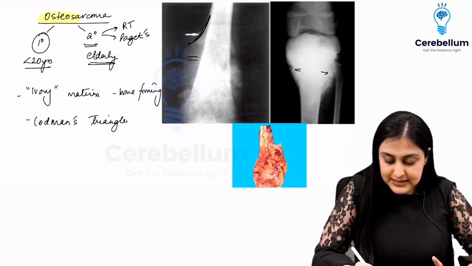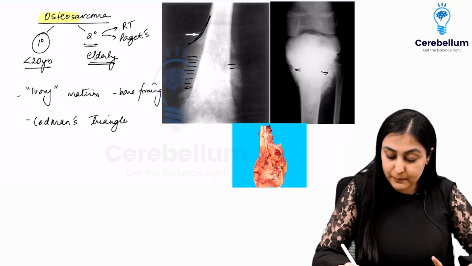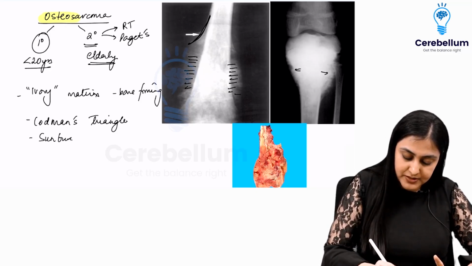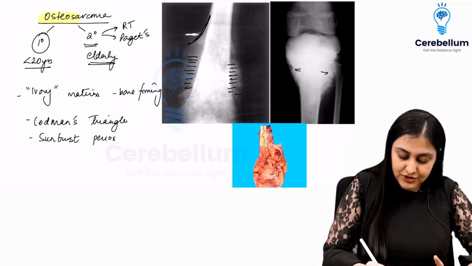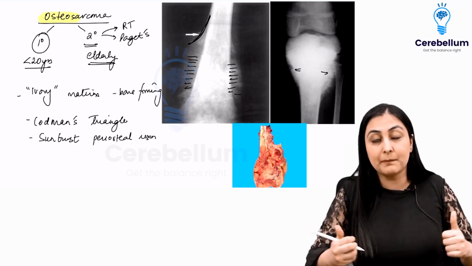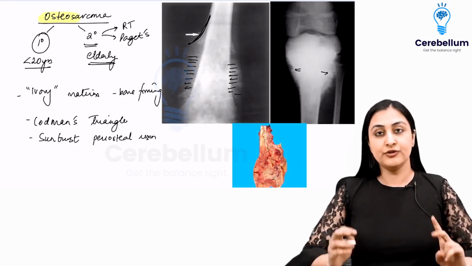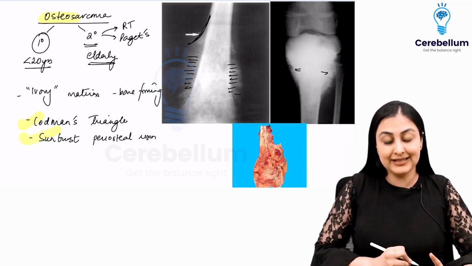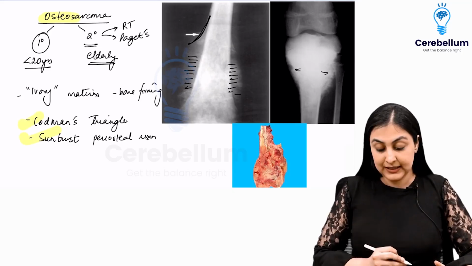In addition, you can see how these bony spicules are all perpendicular to the bone. This is what we call the sunburst periosteal reaction. So you have the bone growing along the blood vessels perpendicular to the bone. So we have two aggressive periosteal reactions: the Codman's triangle and the sunburst periosteal reaction.